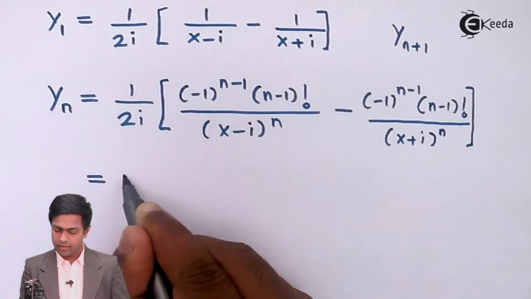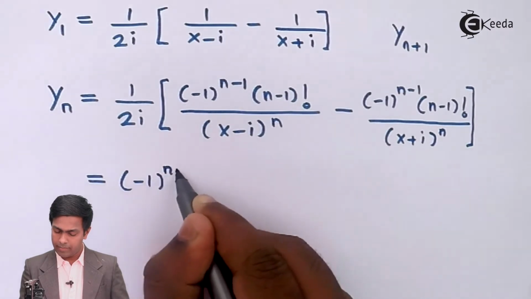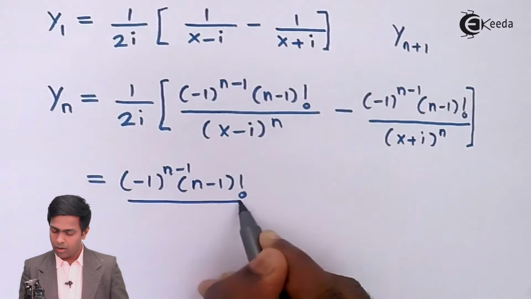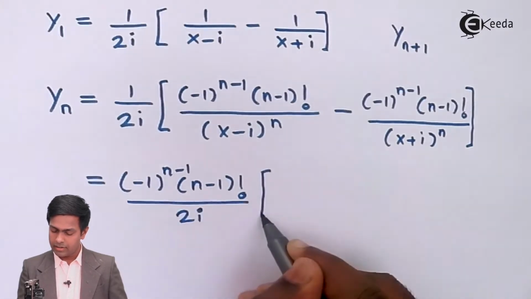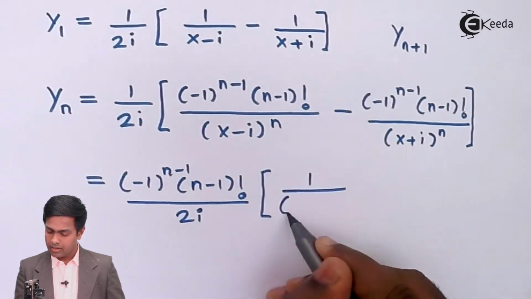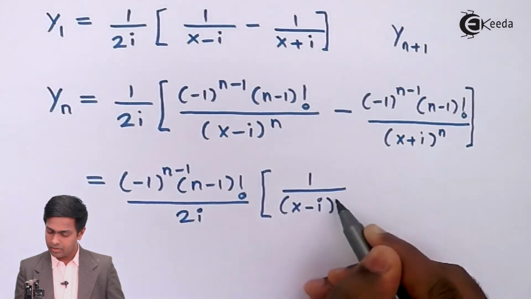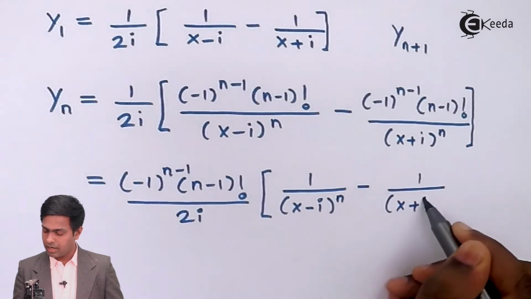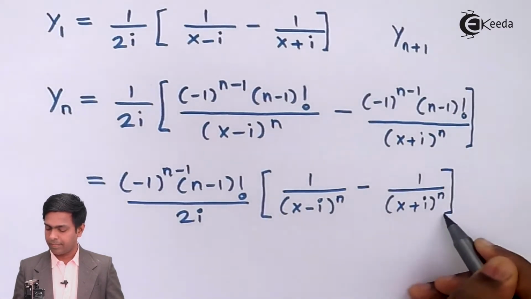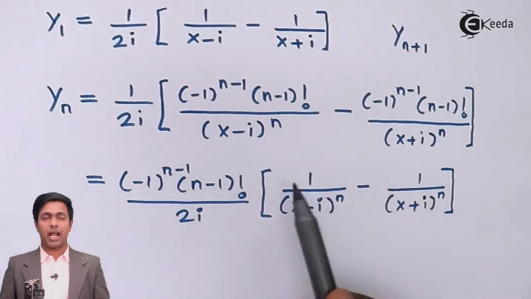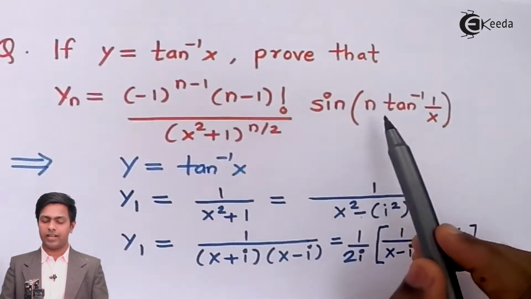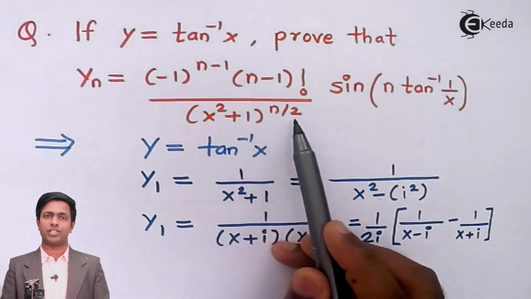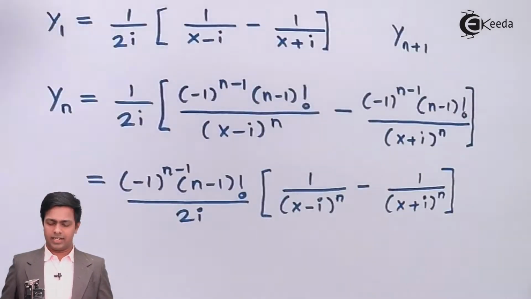So we will get minus 1 to the power n minus 1, then n minus 1 factorial upon 2i, and in the bracket 1 upon x minus i to the power n minus 1 upon x plus i to the power n. Now guys, if you observe this bracket, then it is not matching with our final answer. So in the final answer we want sine, and then in the denominator we want x square plus 1 raised to n by 2. So let's try to find it out.